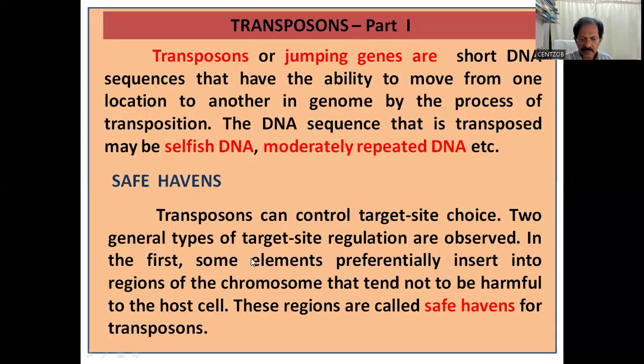In the first, some elements preferentially insert into regions of the chromosome that tend not to be harmful to the host cell. That is, the transposon is inserted into another location that may not be harmful to the host. These regions are called safe havens for transposons.